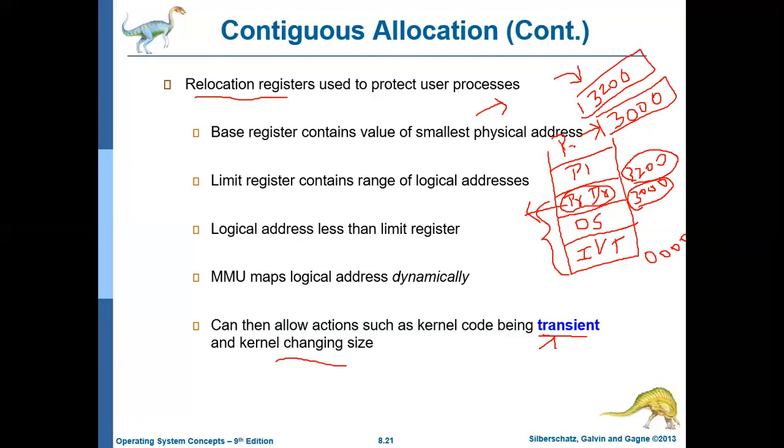Are you getting it? So if P1 is stored from 3200 to 4000, then if the operating system ends at 3200, P1's base register will be 3200 and P2's base register will be 4000. But if the operating system ends at 3000, then P1's base register will be 3000 and P2's base register will be 3800.